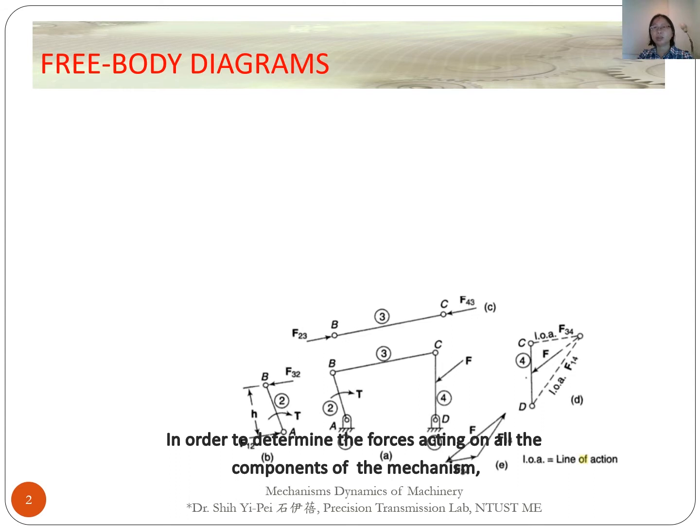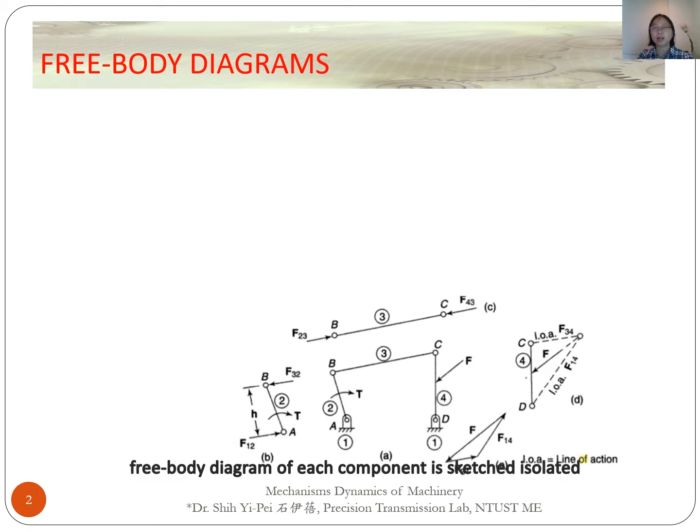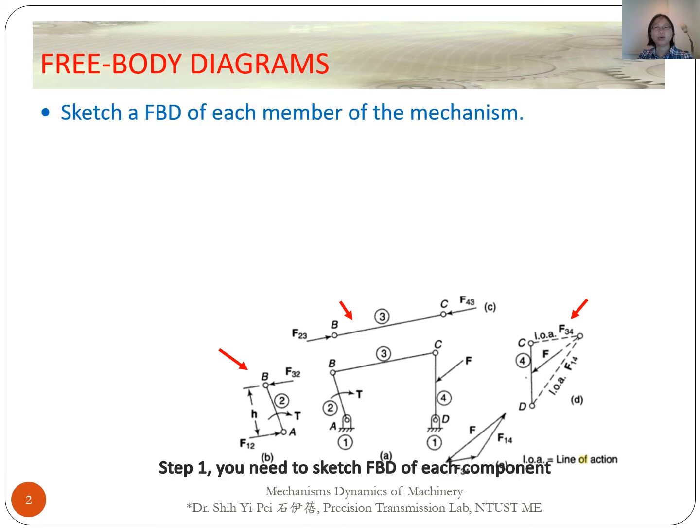In order to determine the force acting on all the components of the mechanism, a free body diagram of each component is sketched isolated from the mechanism, like this. Generally speaking, there are 4 steps to do free body diagram analysis. Step 1.